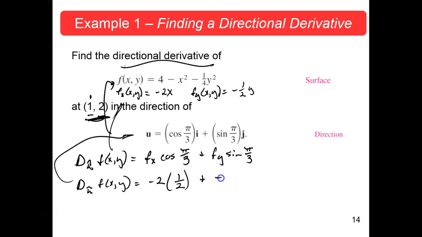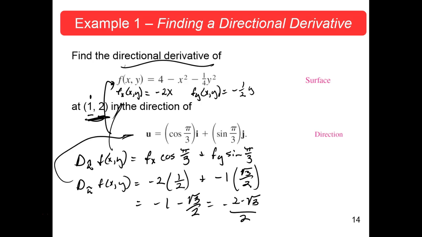So again, that's going to be a minus 1 times, and sine of pi thirds is, no, sine is root of 3 over 2. Yeah, okay, I thought you said it the other way. So what is that? Minus 1 minus root 3 over 2, which is, I don't know, you could write it as minus 2 minus root 3 over 2, or anything that you want to do that way.